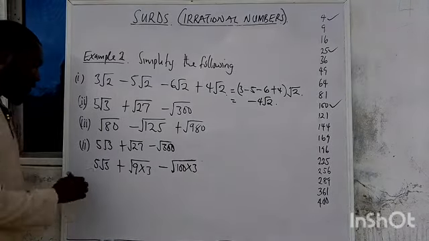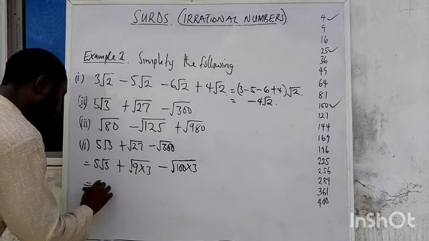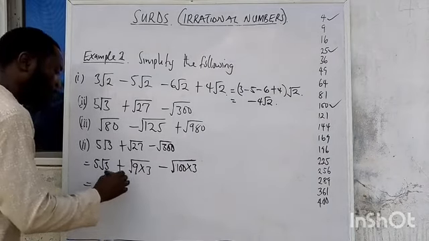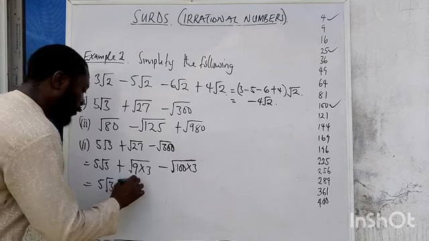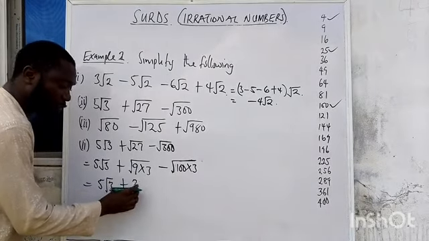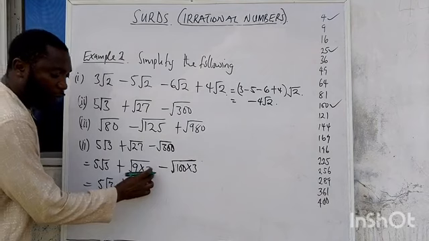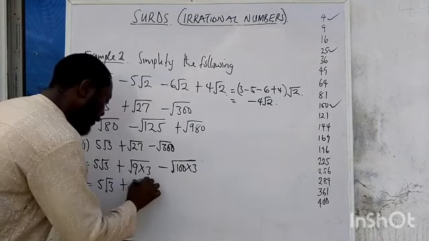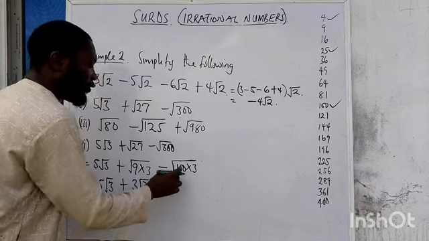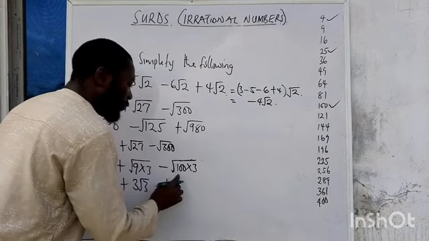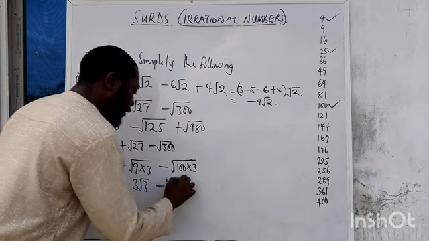Now, from here, we have 5 root 3 again, plus square root of 9 is 3. So you take that 3 outside. You cannot find the square root of this 3, it remains inside. Minus square root of 100 is 10. You cannot find the square root of 3, so it remains inside again.